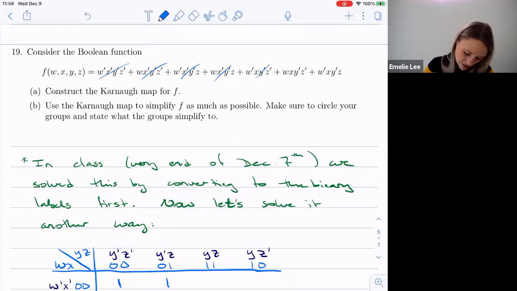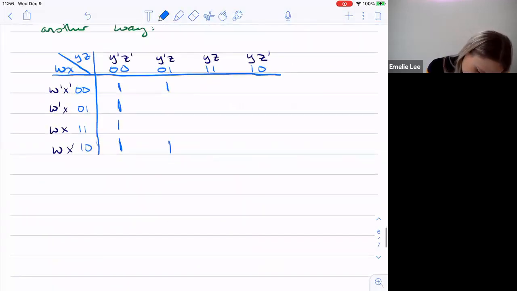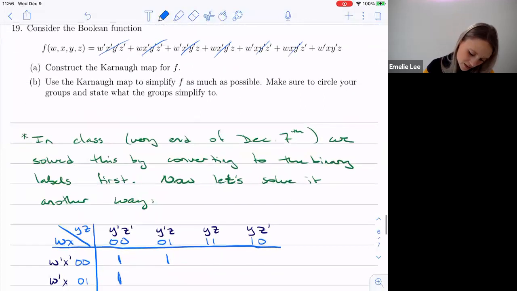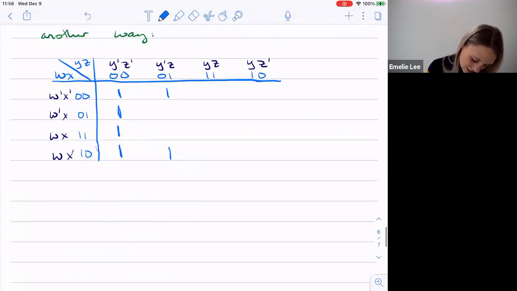W X, Y prime, Z prime. W prime X, Y prime, Z. W prime X, Y prime, Z.